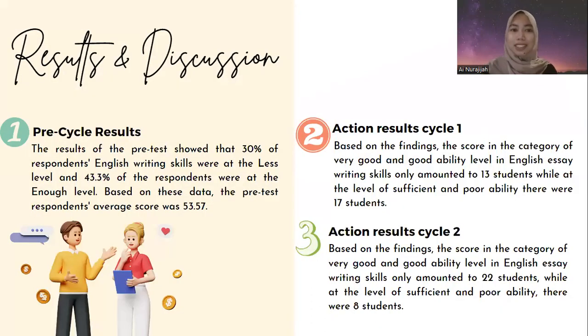So this is the discussion and the result of the article. At this stage, the description of the research result is divided into three discussions, which include pre-cycle result, cycle 1, and cycle 2. The result obtained at each stage were calculated as the average value to see the level of English essay writing skill that the respondents or students had achieved.